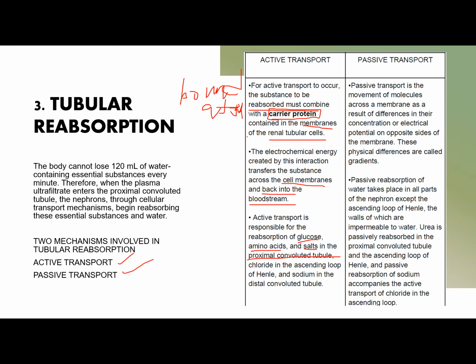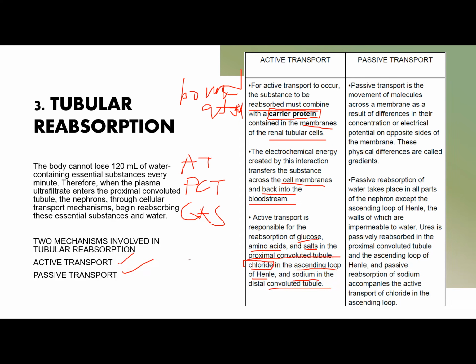So pakitandaan na kapag active transport sa PCT, pag tinanong kayo what is being reabsorbed by active transport in PCT, pakitandaan si GAS, glucose, amino acid, and salt. Pag naman tinanong kayo what is actively reabsorbed in the ascending loop of Henle naman, ang sagot nyo is chloride. And kapag DCT naman, sodium.